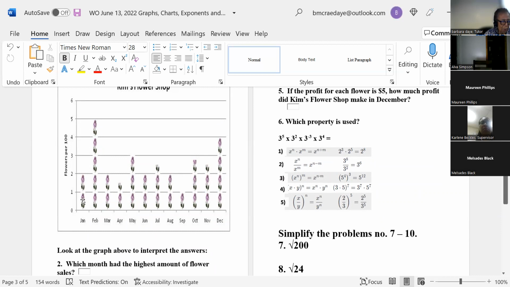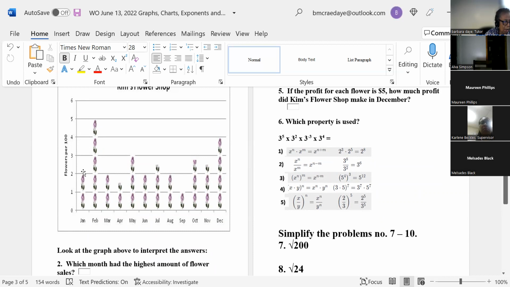Each picture represents how many flowers? So each picture represents 100 flowers. January, how many flowers were there? 200. That's right, because you had the 2, and 2 times 100 is 200.